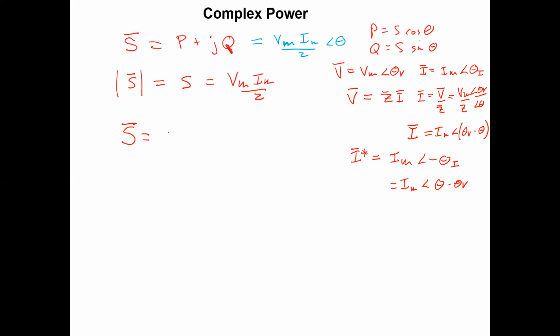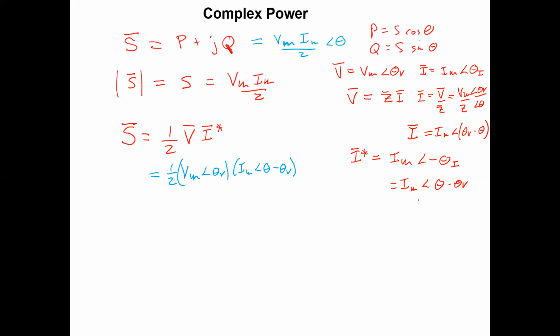If you know the V and the I, it can be written as 1/2 V bar I star, I bar star, the complex conjugate of I. That's because we've got one half of Vm angle theta V times Im angle of theta minus theta V, right? Because that's what I star is.